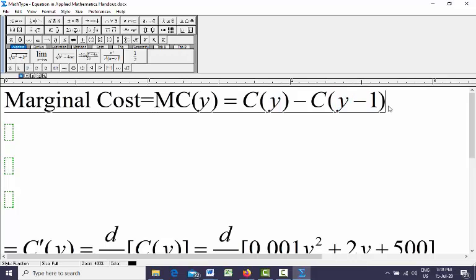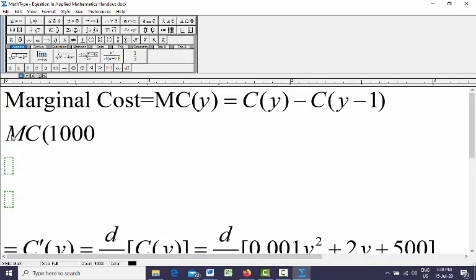So here the question was asking us to find the marginal cost of producing the 1000th unit.